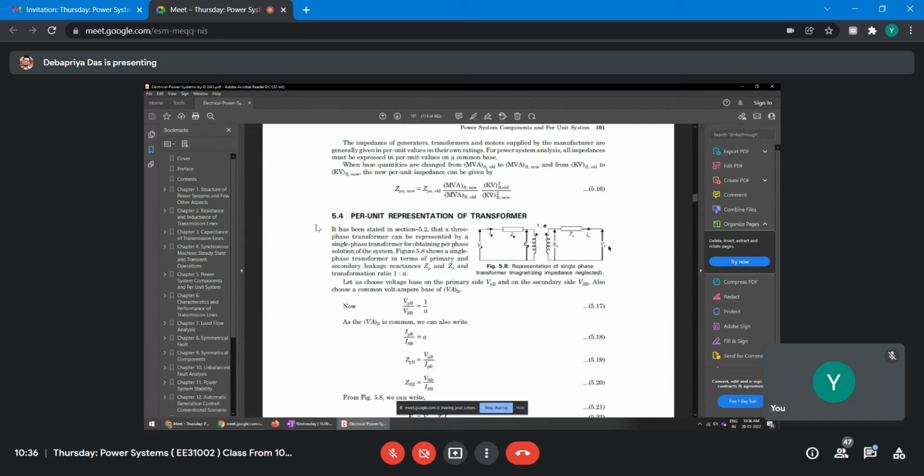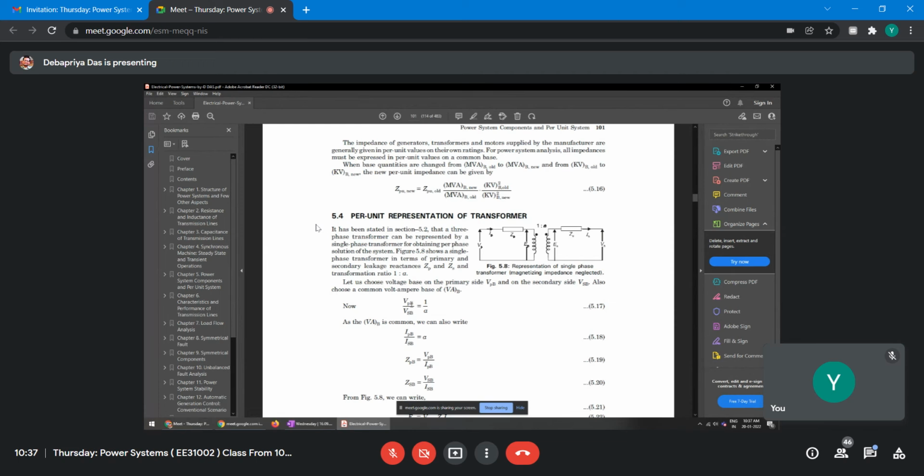The terminal voltage is VS, the current is IS, and the secondary side impedance is ZS. Now suppose the primary side base voltage is VPB and the secondary side is VSB, equal to 1 upon a times VPB. In general, the ratio of primary side base voltage to secondary side base voltage should remain the same as the turns ratio, N1 upon N2, which is nothing but 1 upon a.